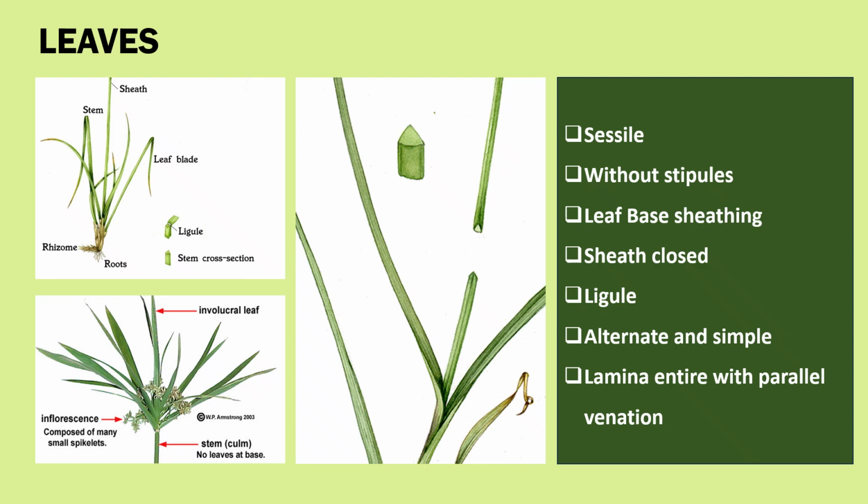You will find a ligule in the leaves of Cyperaceae, and most of the leaves are simple and alternate. You will also find the lamina entire with parallel venation. So these are about the general leaves.